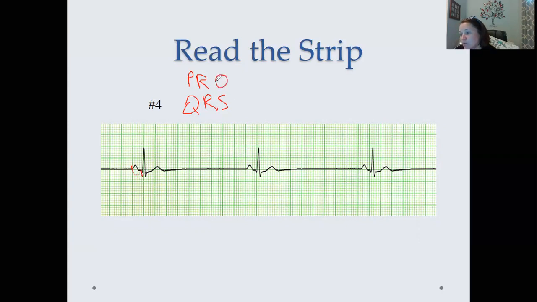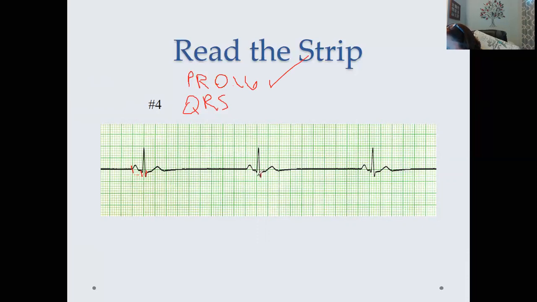So we've got 0.16. Is that normal? Normal is 0.12 to 0.20, and 0.16 is in the middle. Good. Now the QRS complex. We're going to take this one to here, so we've got 1, 2 boxes.